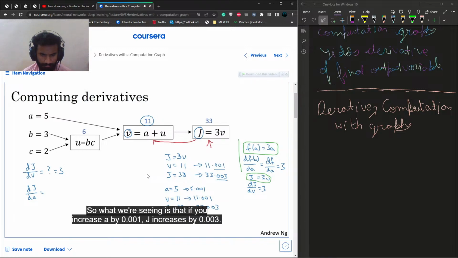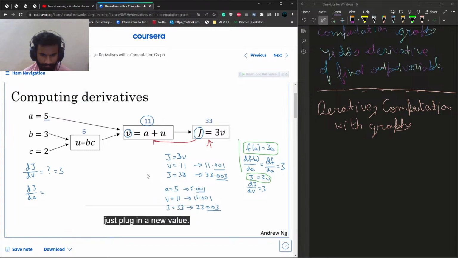So if you increase a by 0.001, j increases by 0.003. If you were to take this value 5 and plug in a new value, the change to a will propagate to the right of the computation graph, so that j ends up being 33.003.